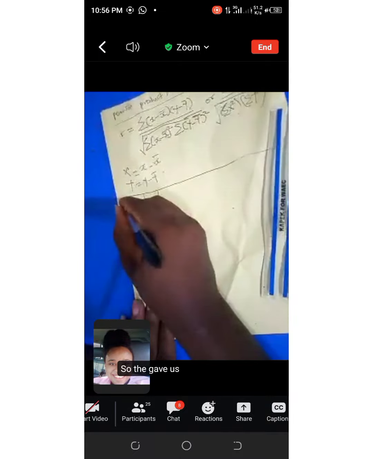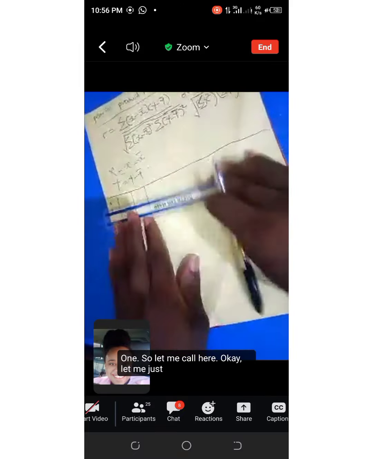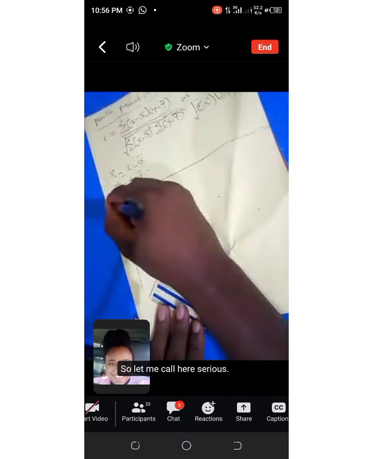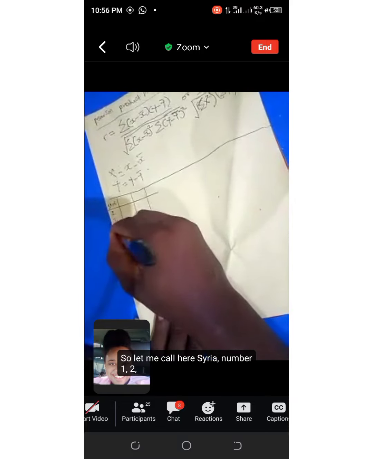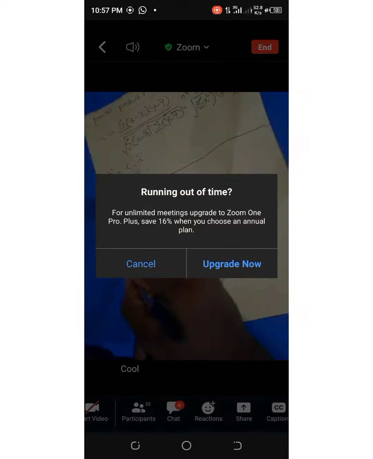Let me label them with serial numbers 1, 2, 3, 4, 5, 6, 7, 8, 9, 10, 11, 12, and 13. So they gave us 13 values.